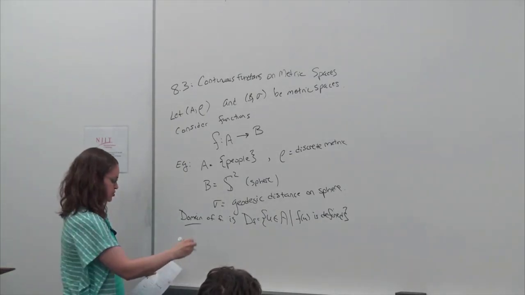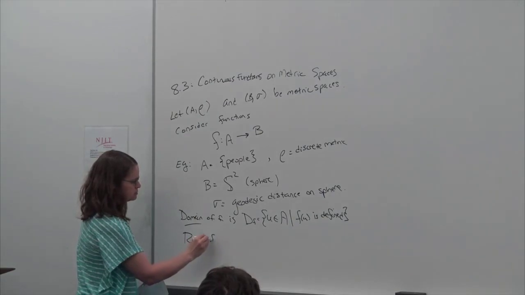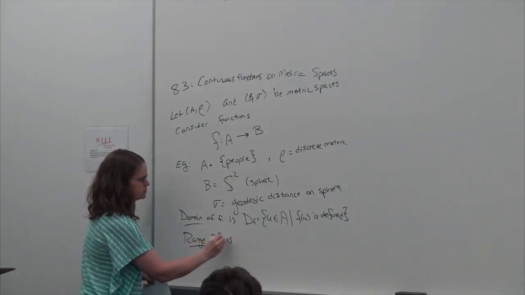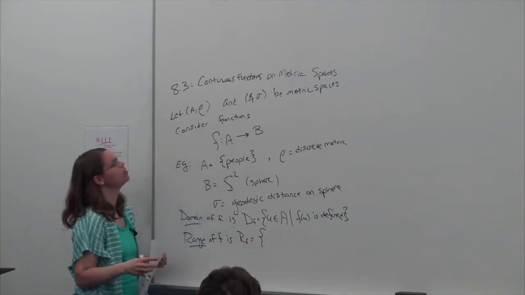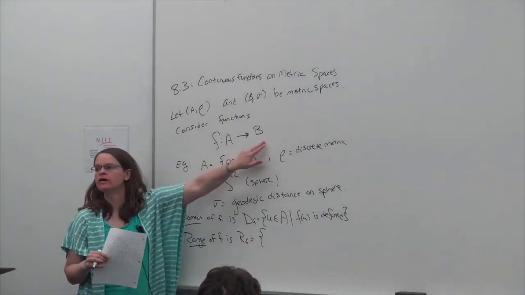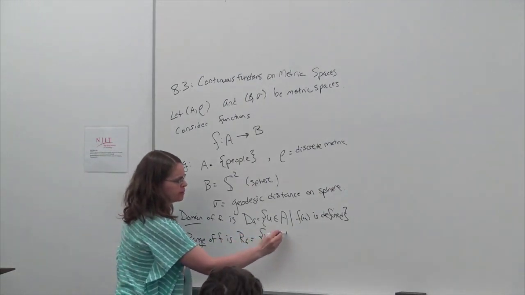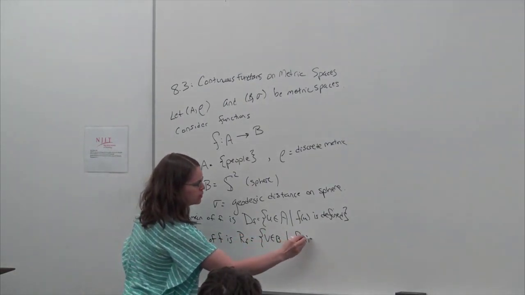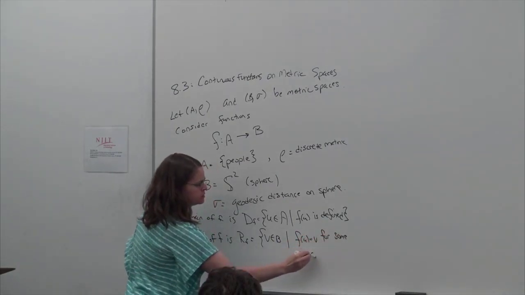And then the range is just all the possible output values. Okay, so again, these are all the possible values that live in our output space now that we can somehow reach. So such that f of u equals v for some u.